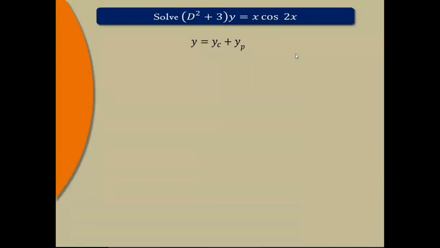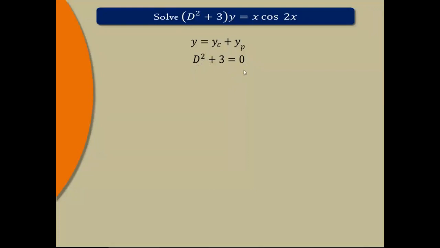For finding yc, consider the auxiliary equation. What is the auxiliary equation? Just take all this term in brackets and equate it to 0. So D square plus 3 equals 0. Now find the roots of this equation. D square plus 3 equals 0 means D square equals minus 3. When we take the square root, D becomes plus or minus square root of minus 3.